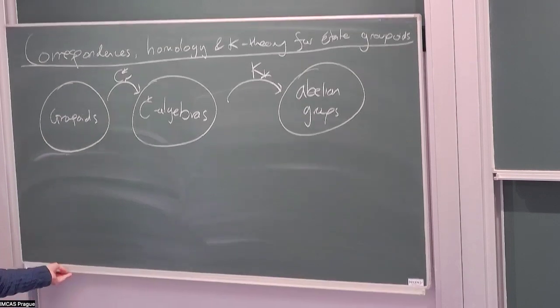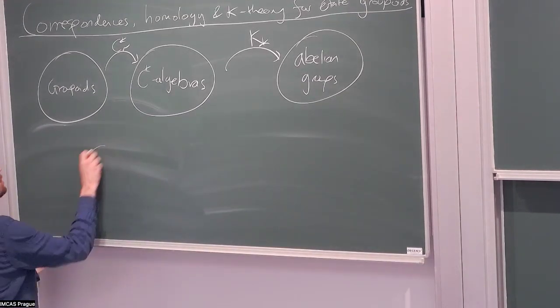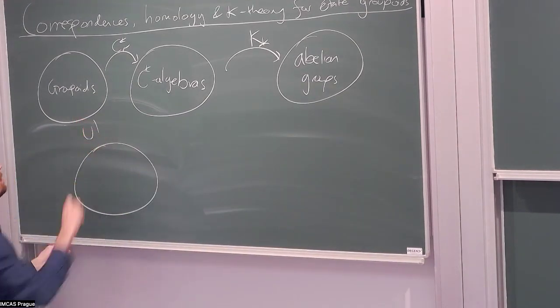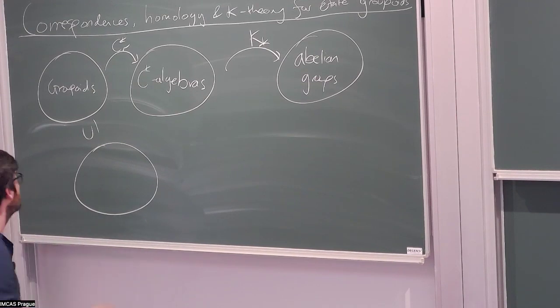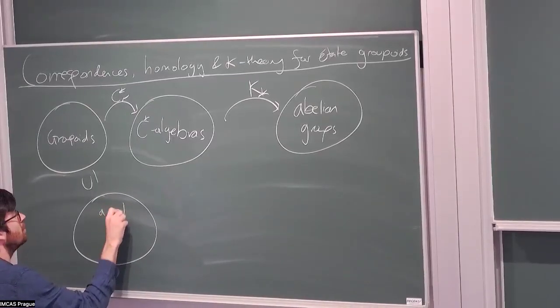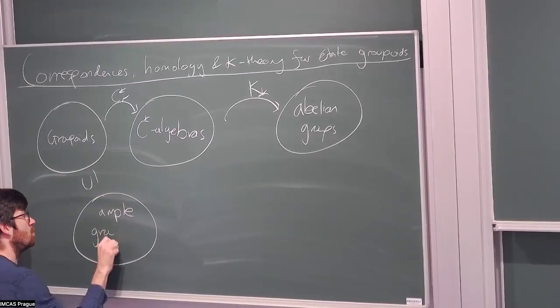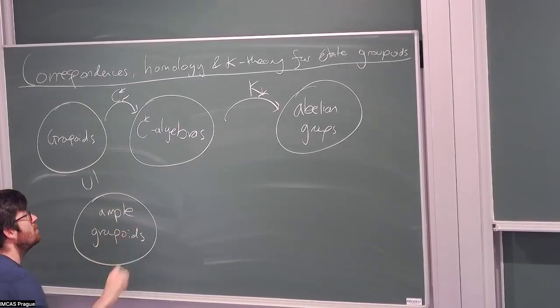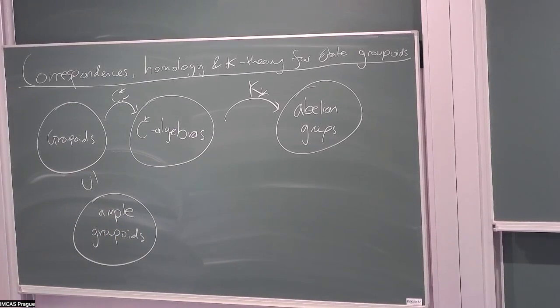Right. So I'm going to expand the diagram a little bit. I'm going to work with a slightly easier class of groupoids. These are called ample groupoids. Groupoids combine together space and groups. Here the point is the space is totally disconnected.